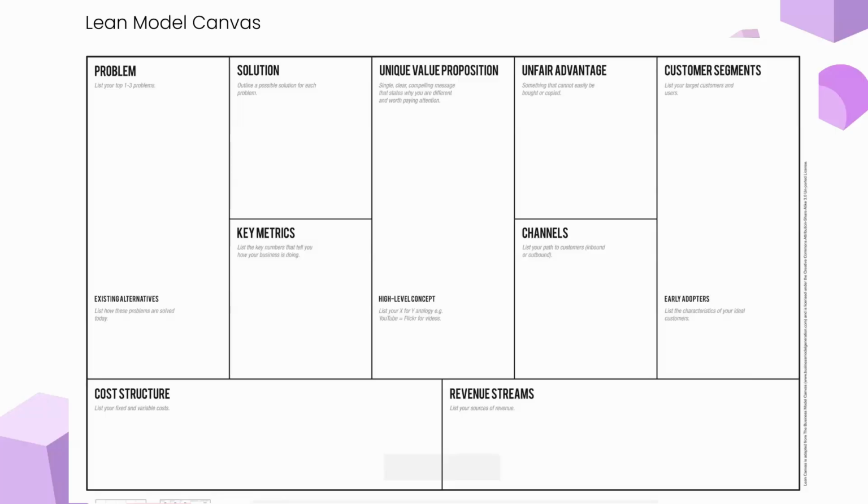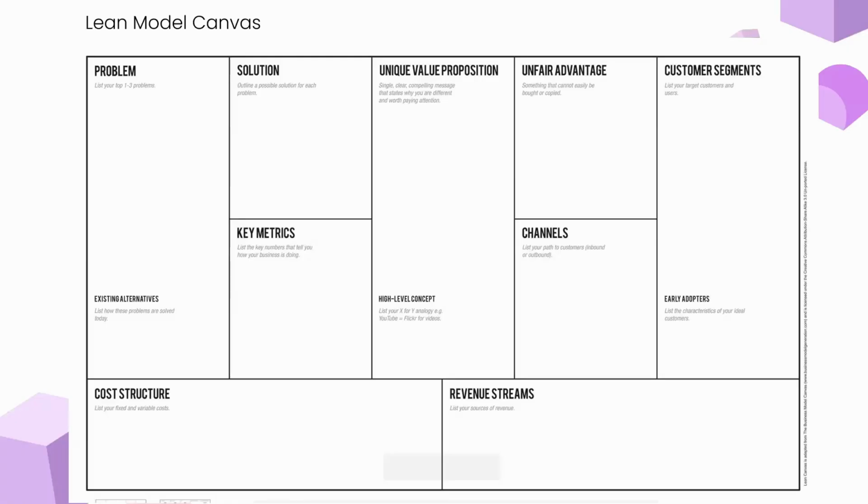A business model Canva has these many blocks: starting from problem, you have solution, key metrics, unique value proposition, unfair advantage, channels, customer segments, revenue streams, and cost structure. Each block talks about something, and this also gives you an understanding of how you're building your business.